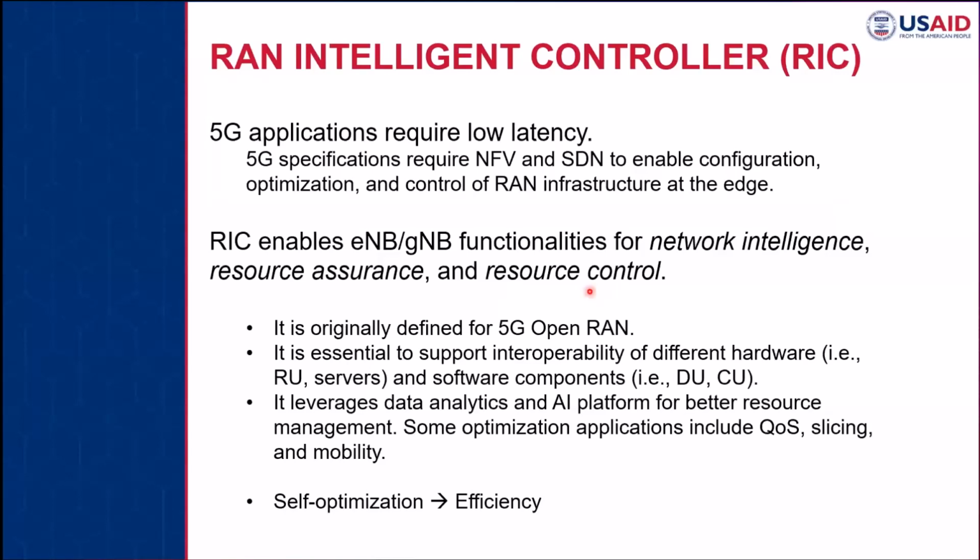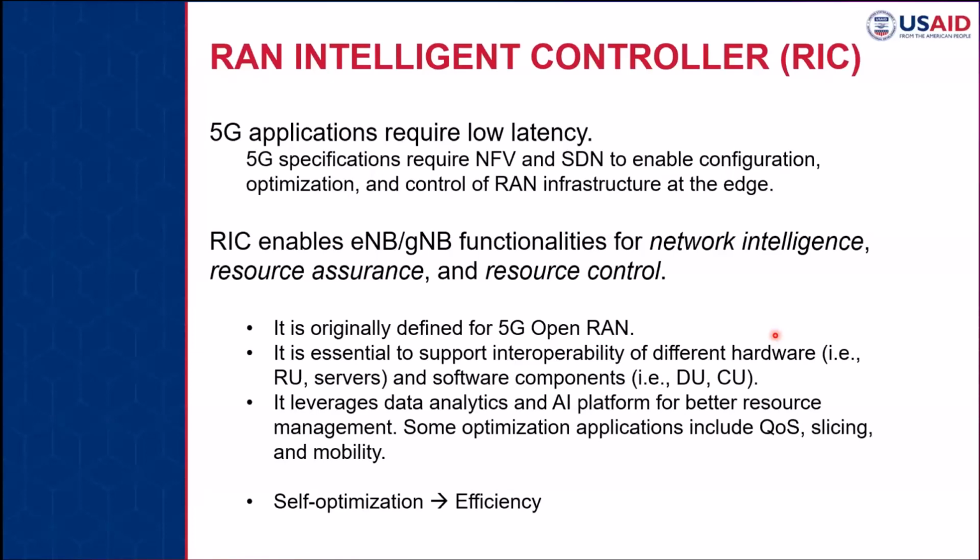Originally defined for 5G Open RAN, the RIC is essential to support interoperability of different hardware, which is why the RAN Intelligent Controller is available only in the Open RAN architecture as of now.